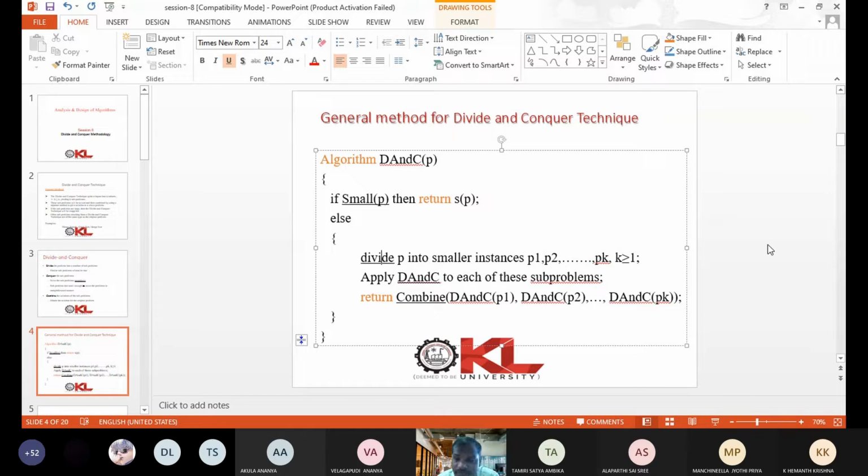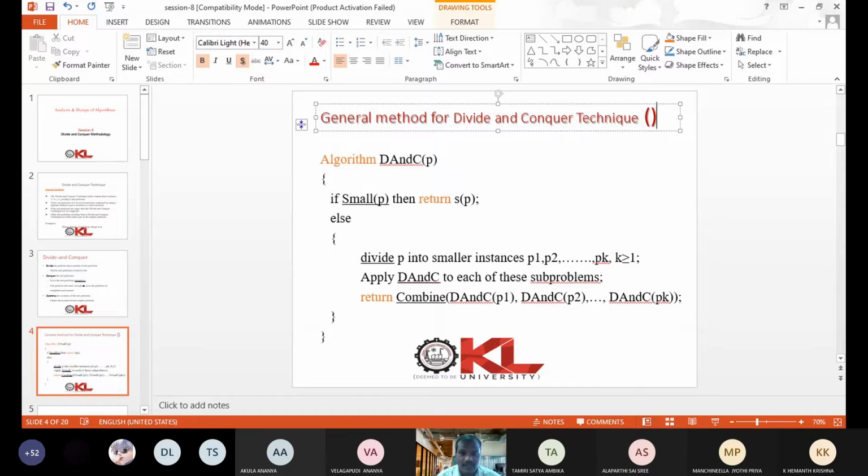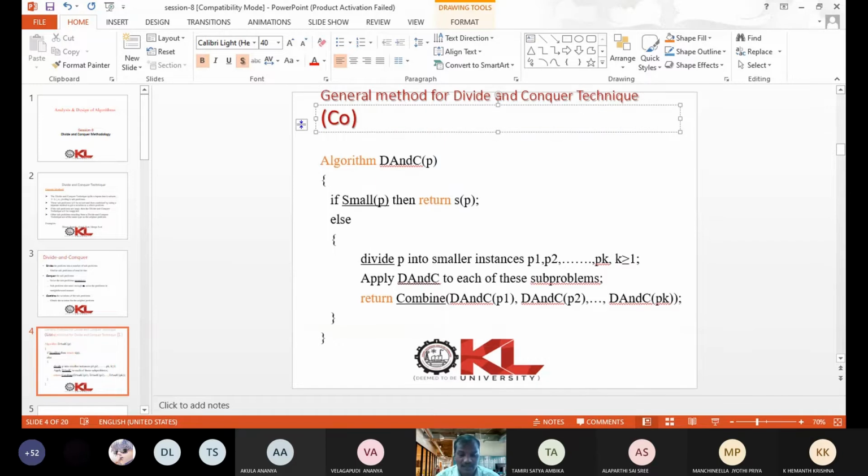We know the purpose of those functions, but not the implementation details. Such functions are called abstract functions. If you explain the flow of the algorithm using abstract functions, we can call it control abstraction. So this algorithm is the control abstraction for divide and conquer, because we are using abstract functions.